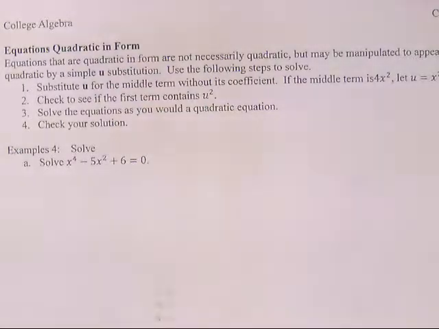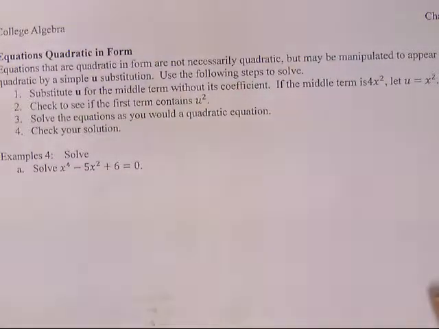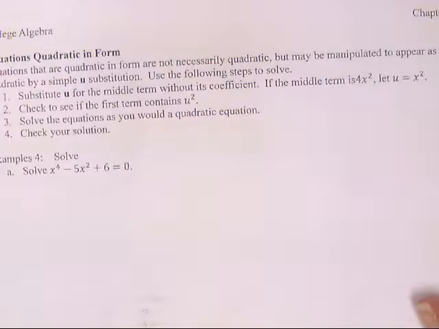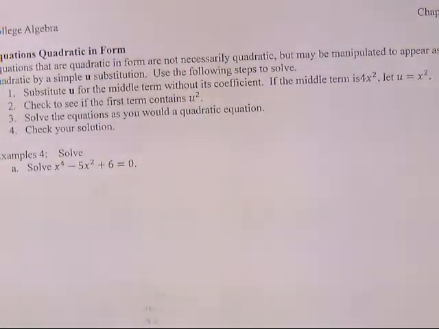Number 1, substitute U for the middle term without its coefficient. If the middle term is 4x squared, you're going to let U equal x squared. Number 2, check to see if the first term contains U squared. Then solve the equation as you would a quadratic equation. And then check your solution.